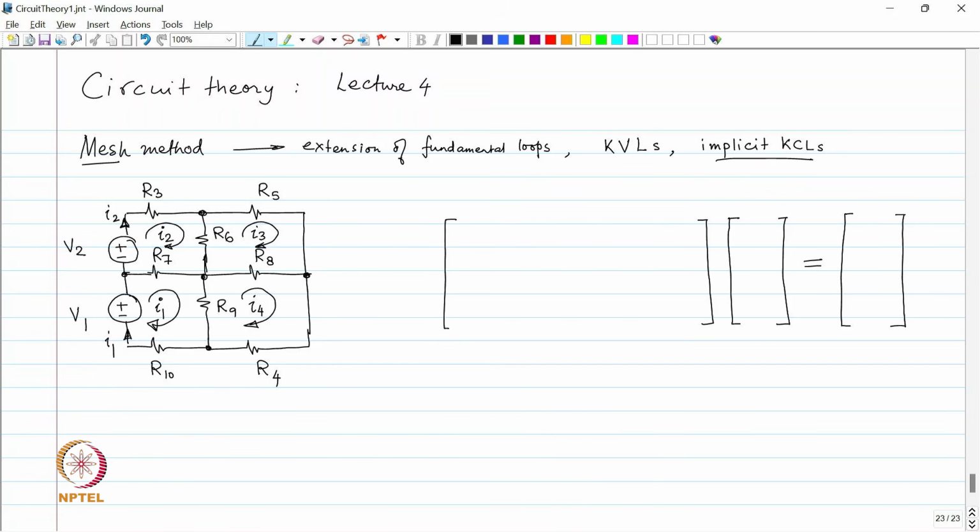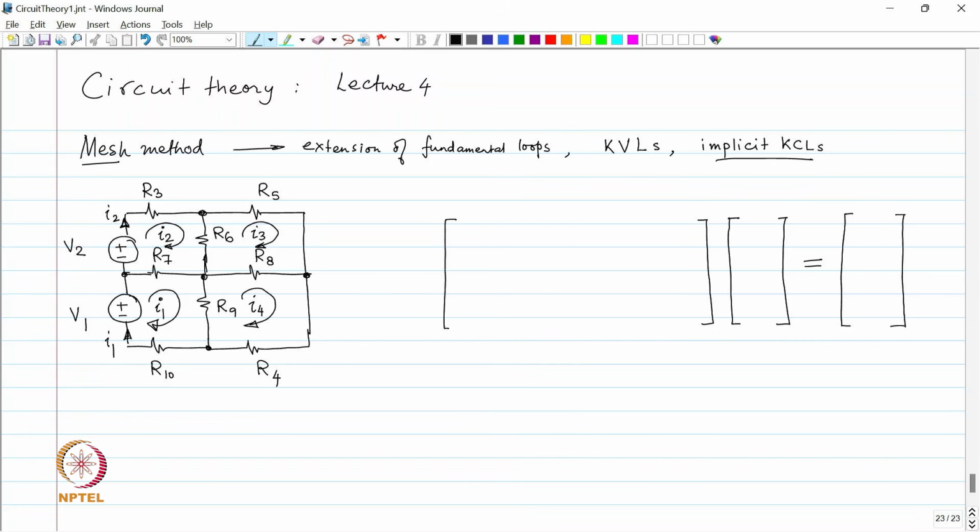Now, how many unknowns are there over here? Which are the unknowns? I have written the unknowns in small letters. Which currents? The mesh currents I1, I2, I3, I4. These are the 4 unknowns, and only these, because if you know these 4 currents, you know all the currents, and if you know all the currents, then you know all the branch voltages also.